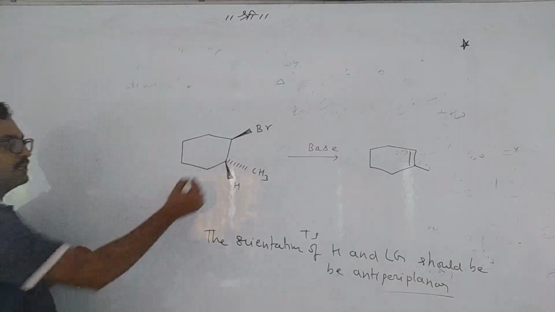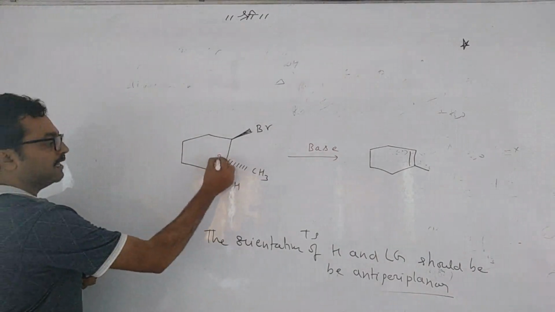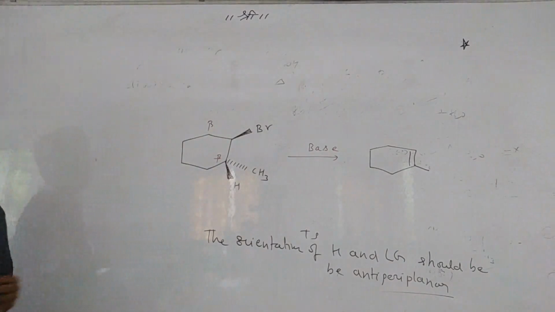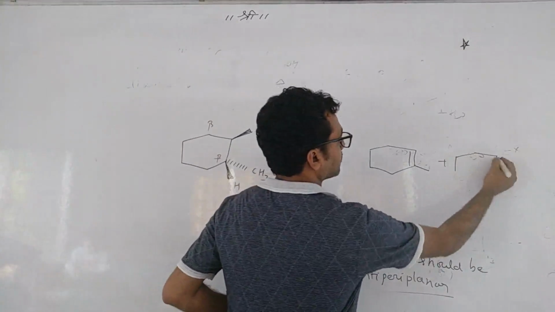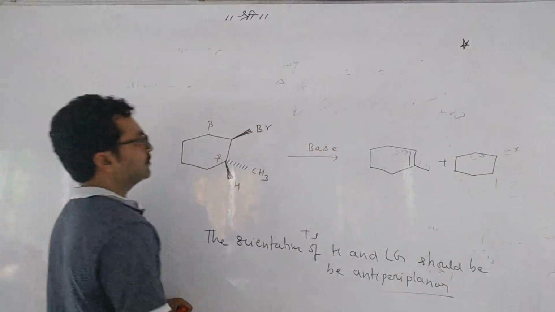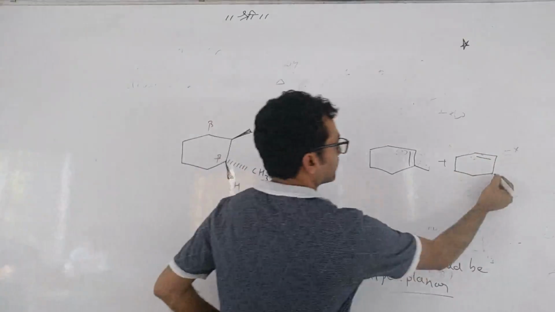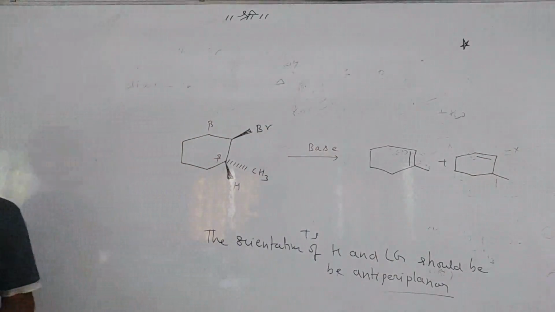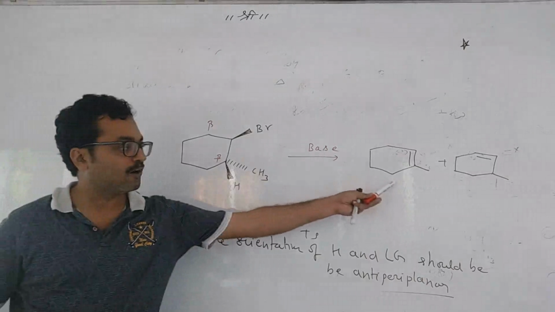And one more possibility. This is also beta, and this is beta. One more possibility is what? What is the right answer? Can this product form?